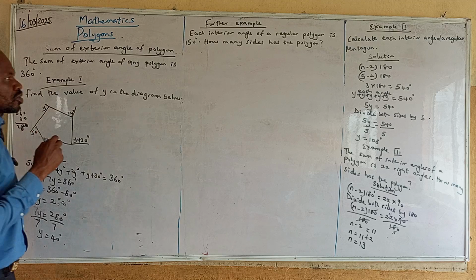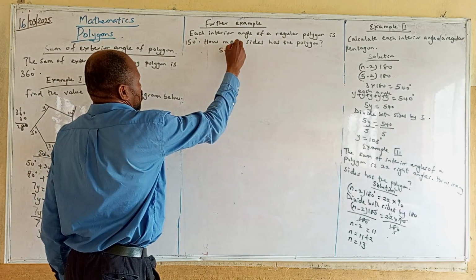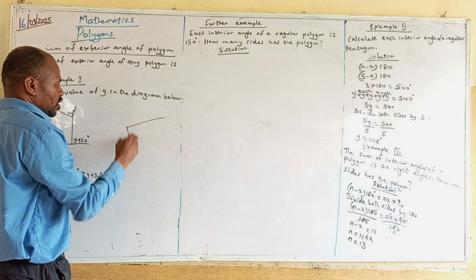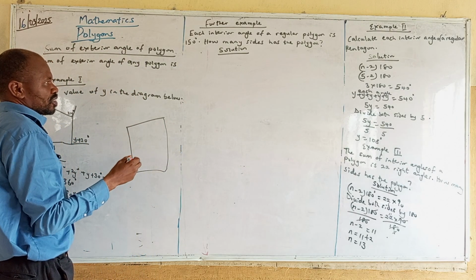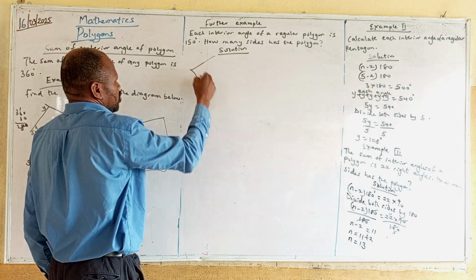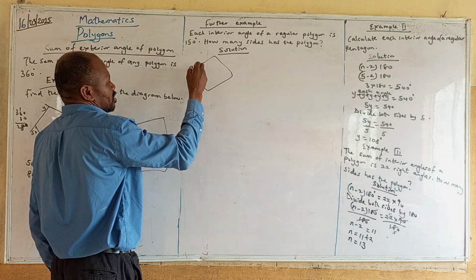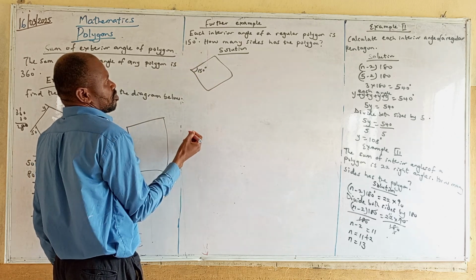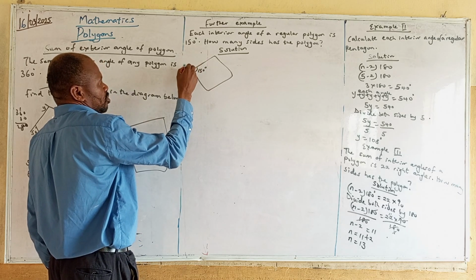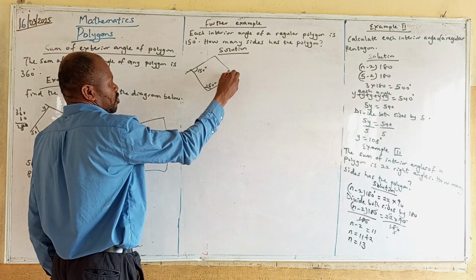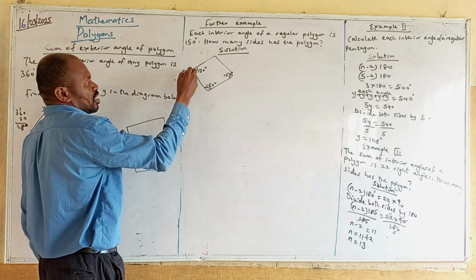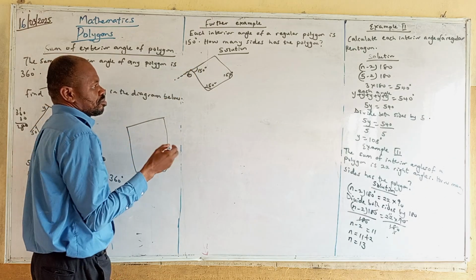We have two approaches to solve this question, and I will make use of the two methods. Let's say you have a polygon like this and you don't know the number of sides. This is 150 degrees. Let's call the exterior angle theta.